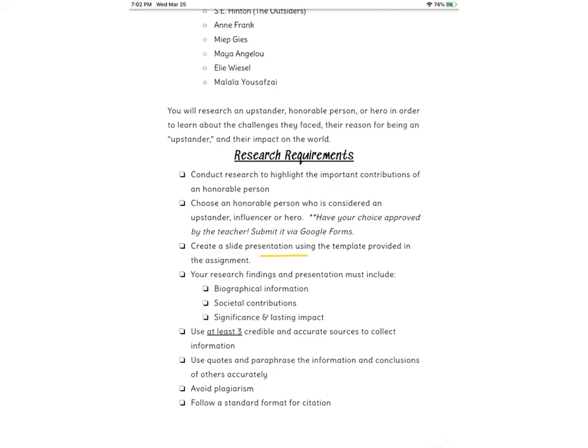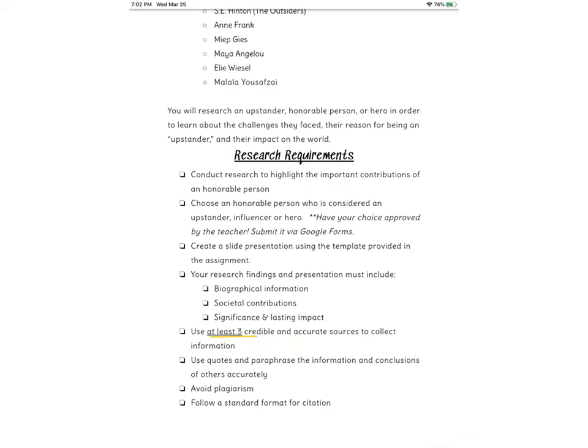Create a slide presentation using the template provided in the assignment. Your research findings and presentation must include biographical information, societal contributions, significant and lasting impact. Use at least 3 credible and accurate sources to collect the information.